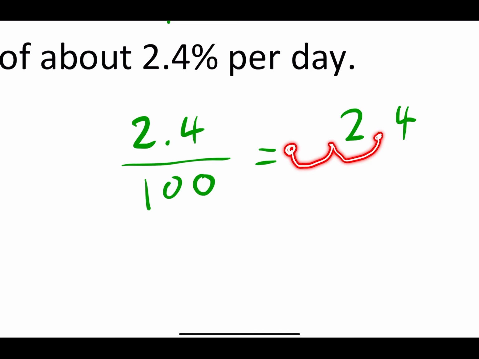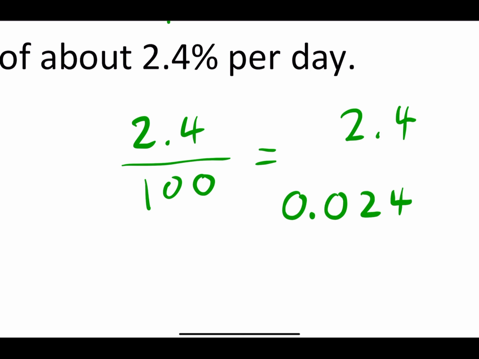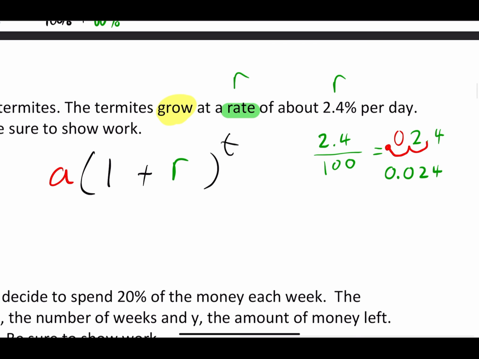We have a placeholder 0. This percentage is 0.024 because we moved the decimal place over 2 times. Okay, so that's our r value.